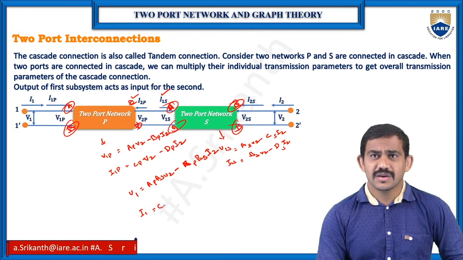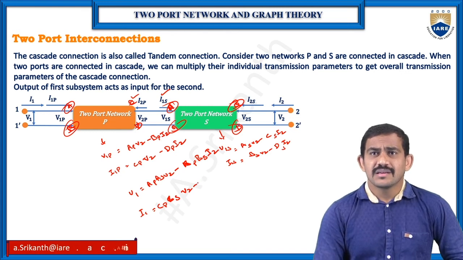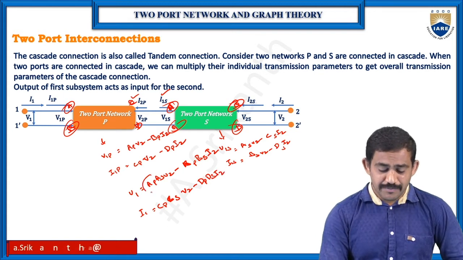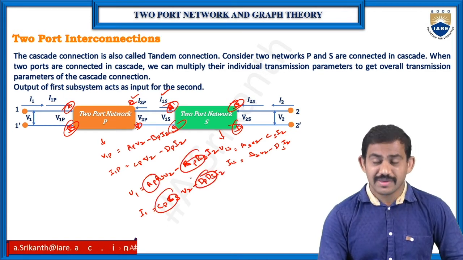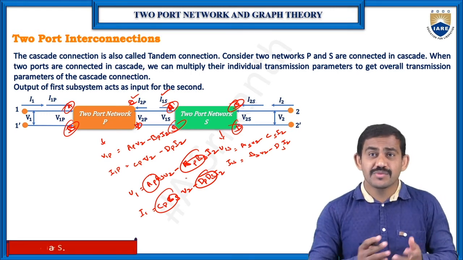Same, C of P and C of S into V2 minus D of P and D of S into I2. So we need to multiply both sets of transmission parameters.